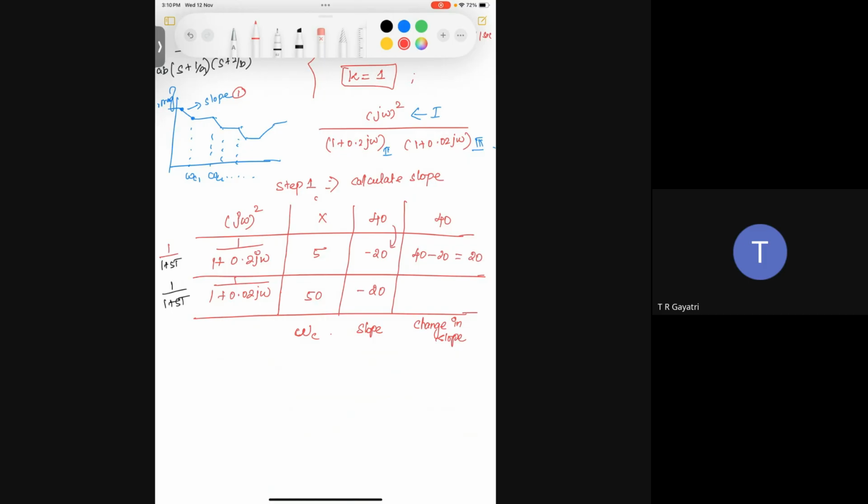The slope at this point will be 20 because of the pole that exists here. Then from this, it would be 20 minus 20, which will be 0. No need to change anything, just whatever sign it is, add it together. That's it. Any doubt in this step?